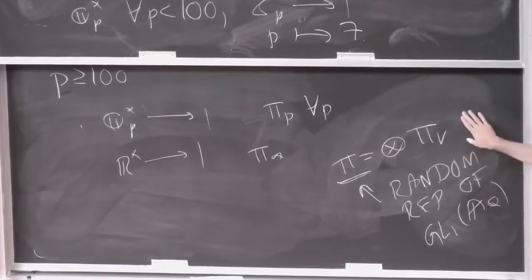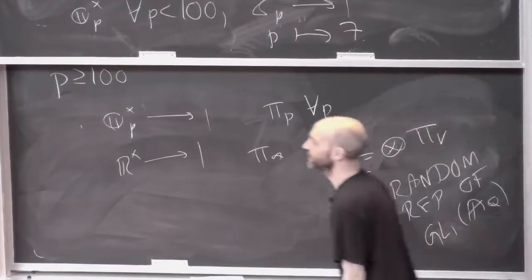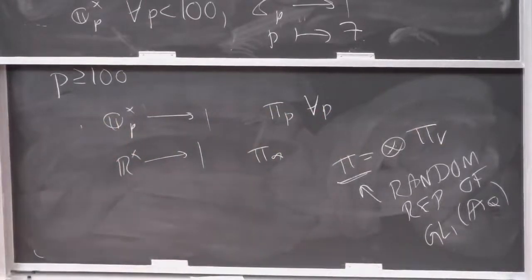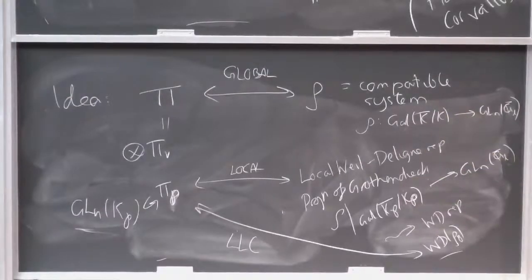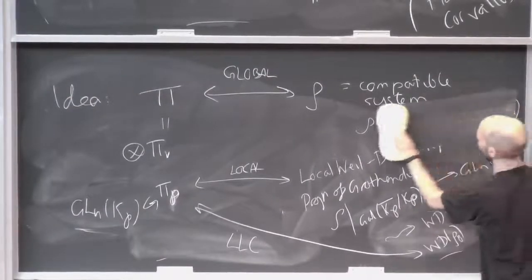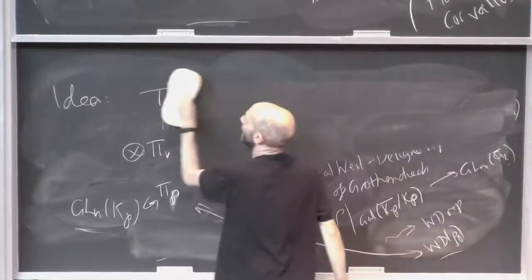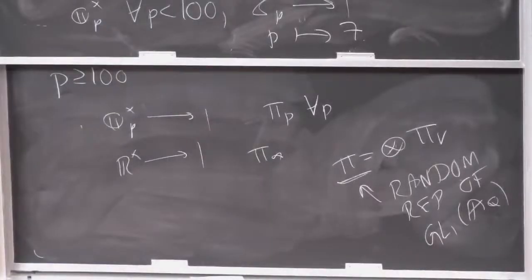It's really easy to write down representations of GL_n of the adeles of Q, because all you do is take local representations, tensor them together, and put a little dash there to indicate that there's something going on behind the scenes that you're not too bothered about. So representations of GL_n of the adeles of Q are very easy to come by.